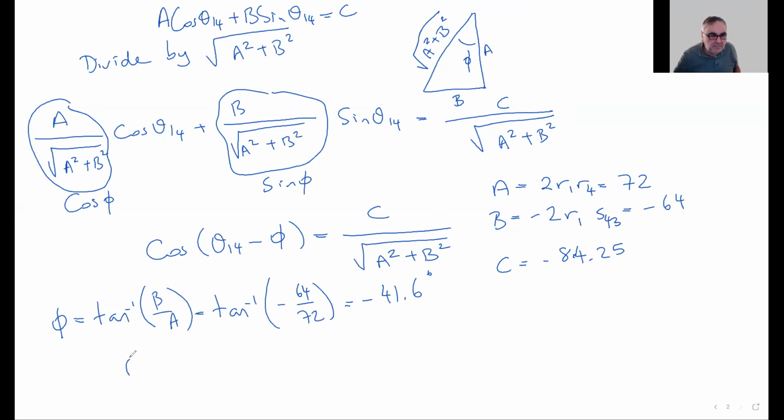So theta 1,4 therefore is cosine inverse of C over square root of A squared plus B squared, which is minus 84.95 divided by 96.33, plus phi, which is minus 41.6 degrees.